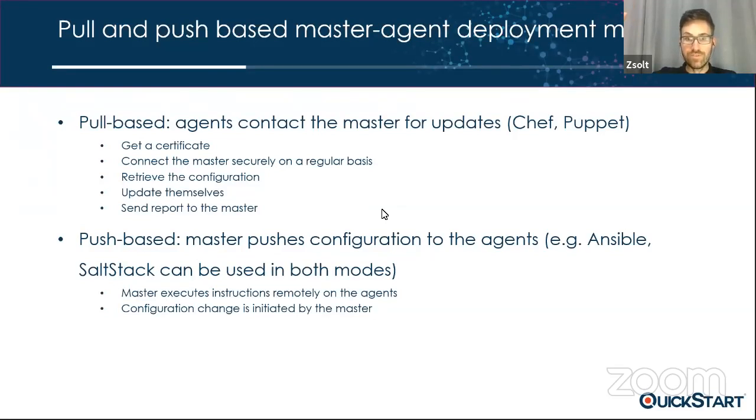That's the buzzword, in case anyone asks you why not to go for a push-based solution: it doesn't scale to infinity. In case of a pool-based solution, the timing can be distributed on some level, but the drawback is that for a long period of time, depending on the configuration, but per default up to 30 minutes, the changes are not reflected on the nodes because of the delay, depending on when the agent contacts the master for updates.